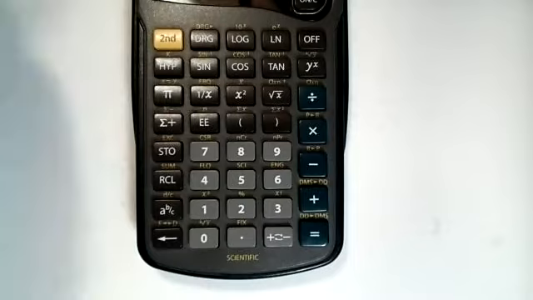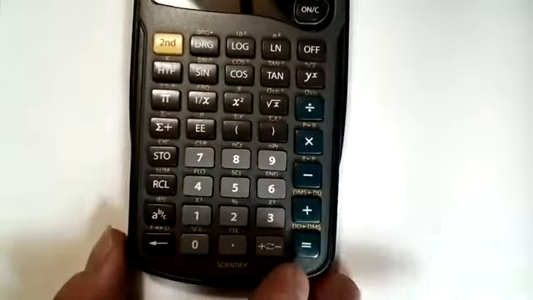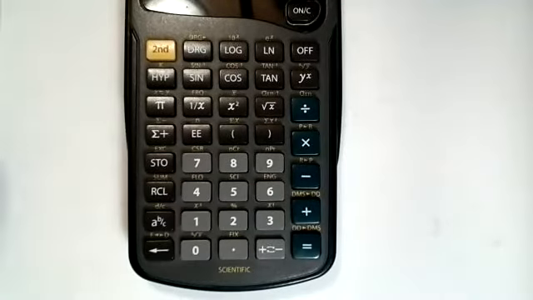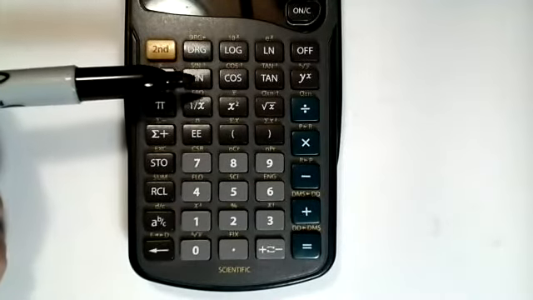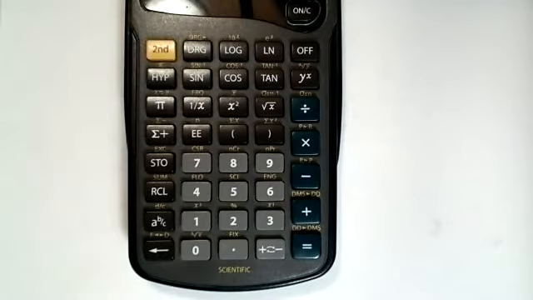There are other calculators that work on order of operations. You can type out whole big long strings, but like I said, this is not a complicated calculator. What I do want to point out though is that there is no secant, cosecant, or cotangent button.